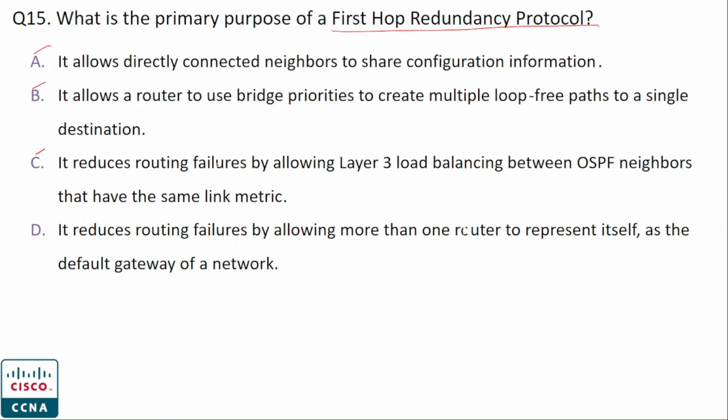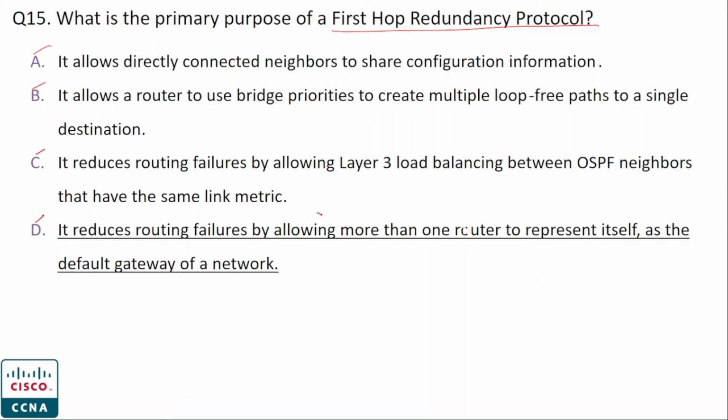Option C, it reduces routing failures by allowing layer 3 load balancing between OSPF neighbors that have the same link metric. And option D, it reduces routing failures by allowing more than one router to represent itself as the default gateway.